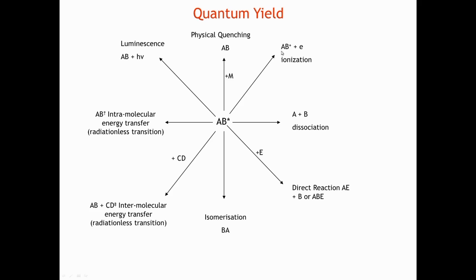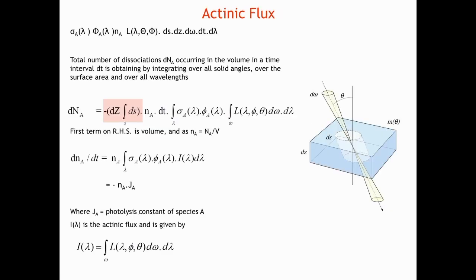It might mean that for every incident photon, only 0.1 leads to a dissociation, so 10% of the time. The rest of the time it can be absorbed intramolecularly, intermolecularly, or give rise to other radiation, for example. So remember, that quantum yield is only for the dissociation part.